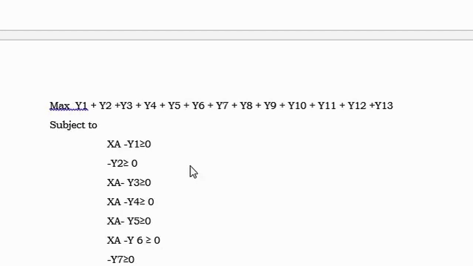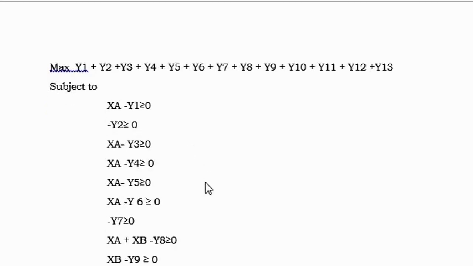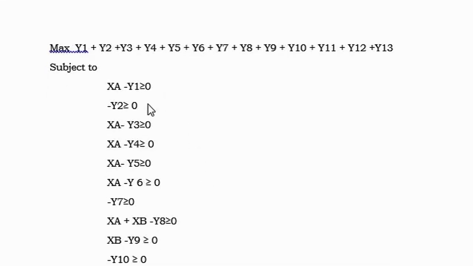Important to note that CPLEX does not allow variables on the right hand side, so we have to bring those variables to the left hand side. For the second, we had 0 greater than or equal to y, and now we brought y to the left hand side with a minus, and so on.